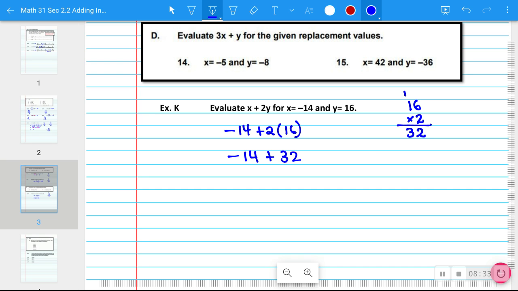So because these are opposites, you have to subtract. We'll have to do some borrowing here. And you get either 18 or negative 18, and you have to pause and just make sure you're doing the right thing here. The 32 is further from 0 than the negative 14, so the positive wins in this dogfight. 18 is the right answer.